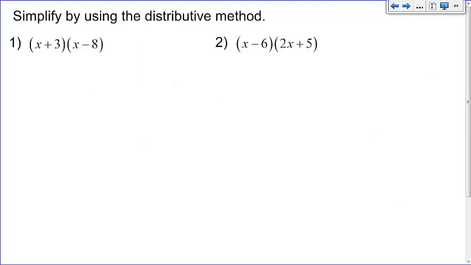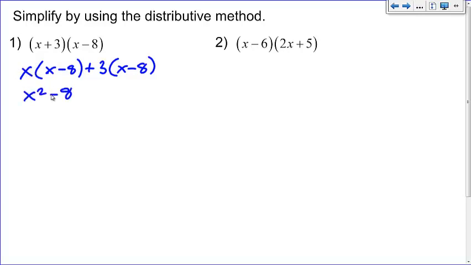Okay, so let's take a look at how we simplify using first the distributive method. So for number one, what I'm going to do is x plus 3 times x minus 8. So I'm going to rewrite this as x times x minus 8 plus 3 times x minus 8. And now we can just deal with single distribution problems like x times x is x squared.